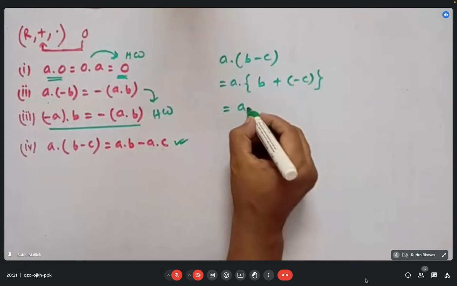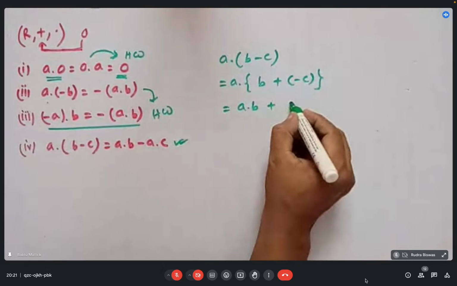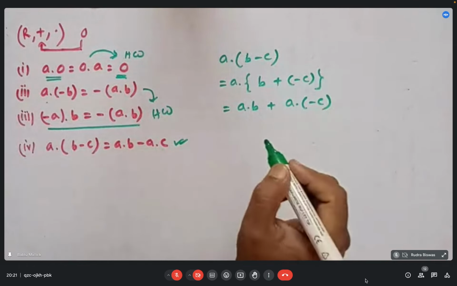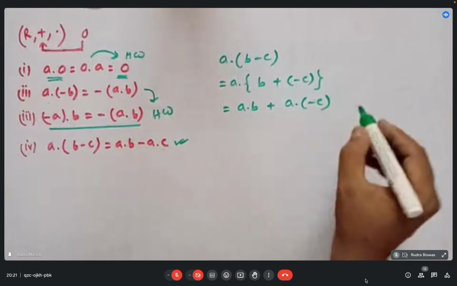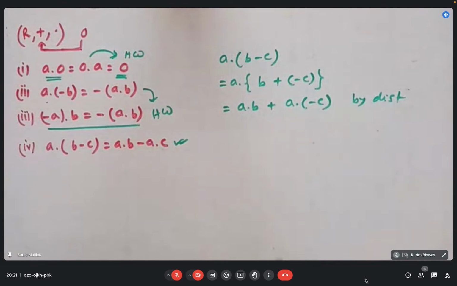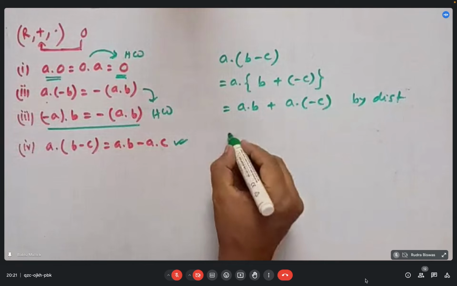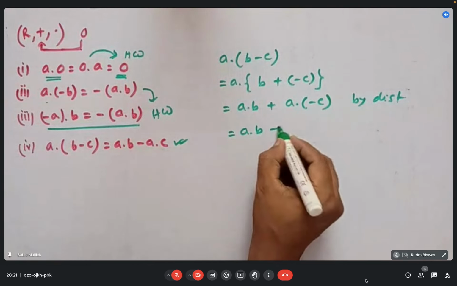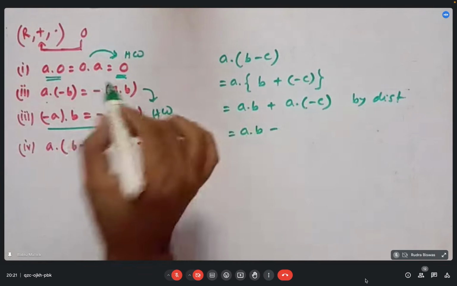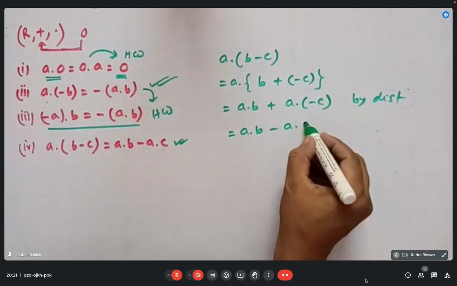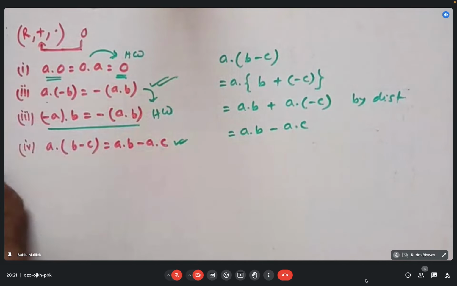So this is equal to a into b plus a into minus of c by distributive law. So this is equal to a into b, this I have just proved, plus minus of a into c.